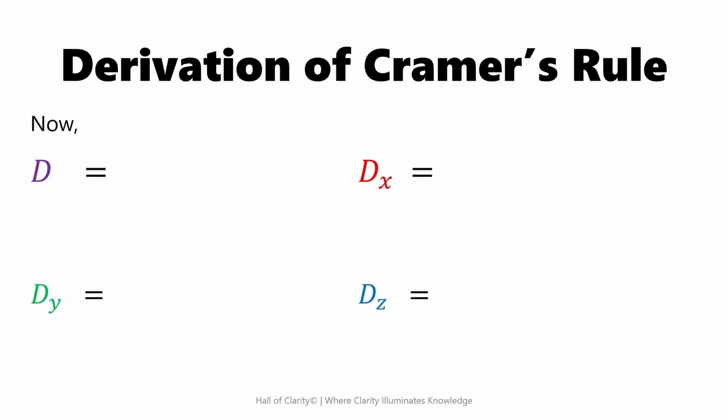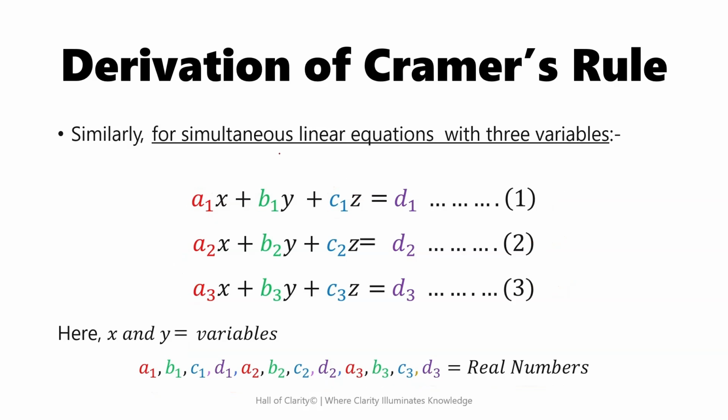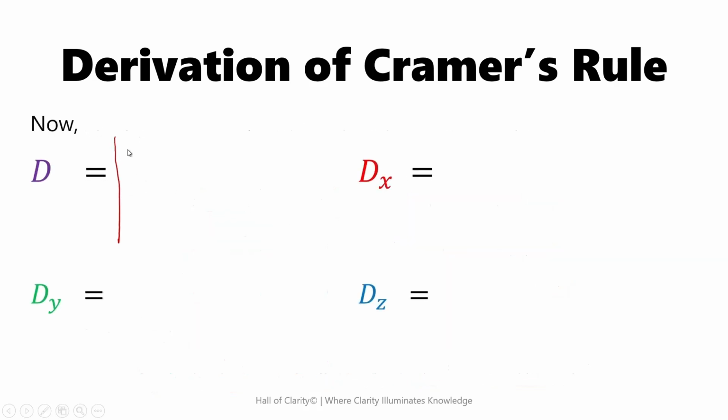Now, in order to write determinant D, we know the logic. What is that logic? We write coefficients of the first equation in the first row. Here you can see that the coefficients of the first equation are a1, b1, c1. So in this determinant, we will write those coefficients a1, b1, and c1.